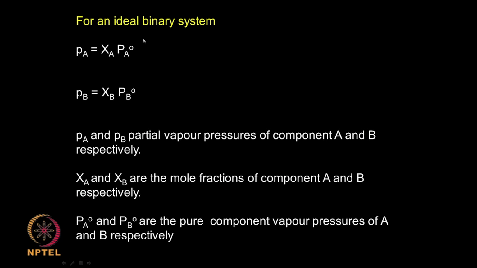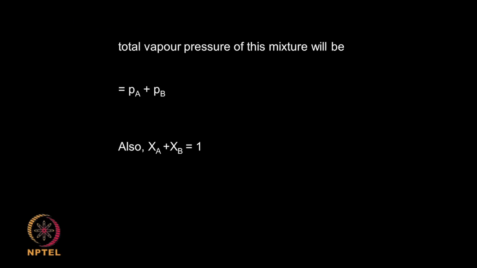Okay. So, this is Raoult's law. The partial pressure Pa is equal to Xa, the mole fraction of component A, times the pure component vapor pressure. Okay. So, for an ideal mixture, like I said, the total vapor pressure will be Pa plus Pb, and Xa plus Xb is equal to 1.